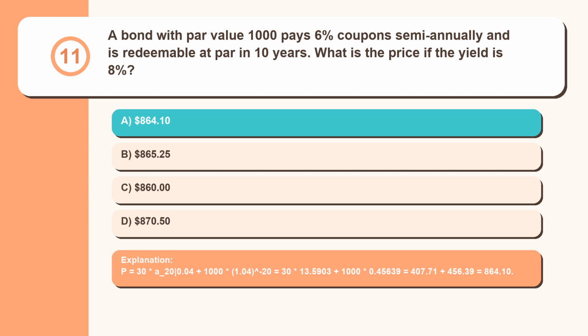P equals 30 times a-angle-20 at 0.04 plus 1000 times 1.04^-20, equals 30 times 13.5903 plus 1000 times 0.45639, equals 407.71 plus 456.39, equals 864.10.